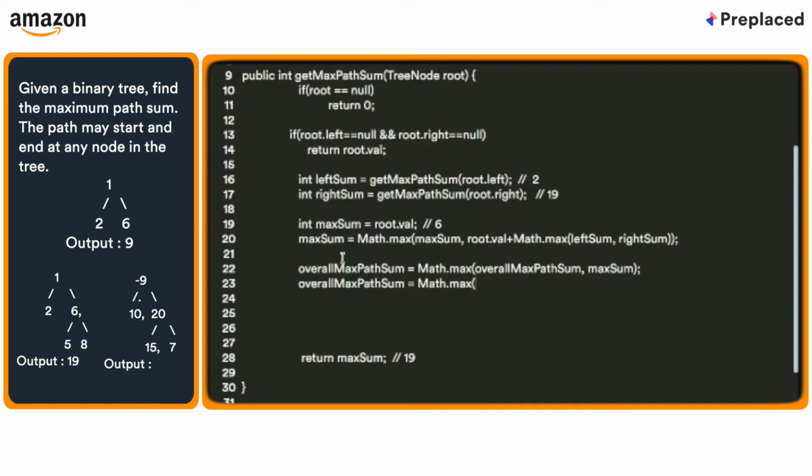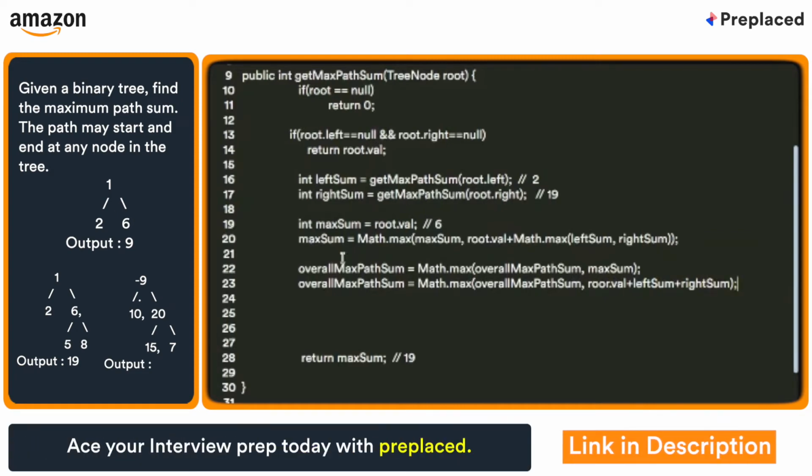If this is a whole path, 5, 6, and 8 is the whole path, so I have to do that here, which means root.val plus left sum plus right sum. That could be one thing which will be the overall maximum, plus it could be any one of them also.